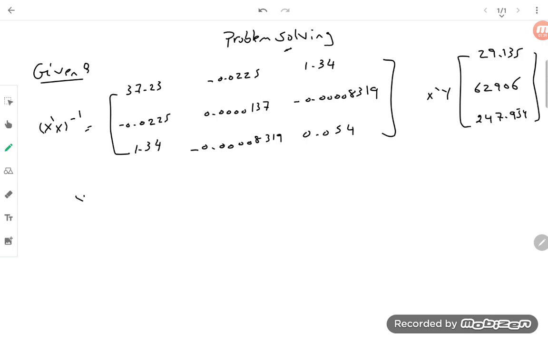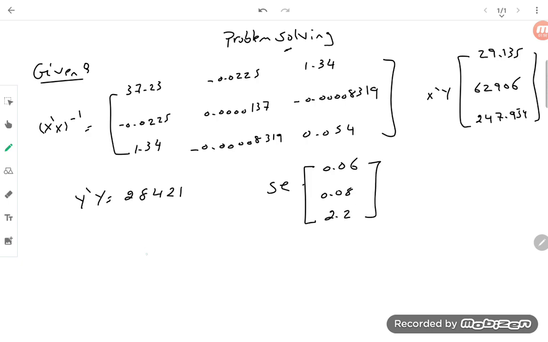If you know that Y'Y equals 28421 and the standard errors for the betas are given by the vector 0.06, 0.08, and 2.2.